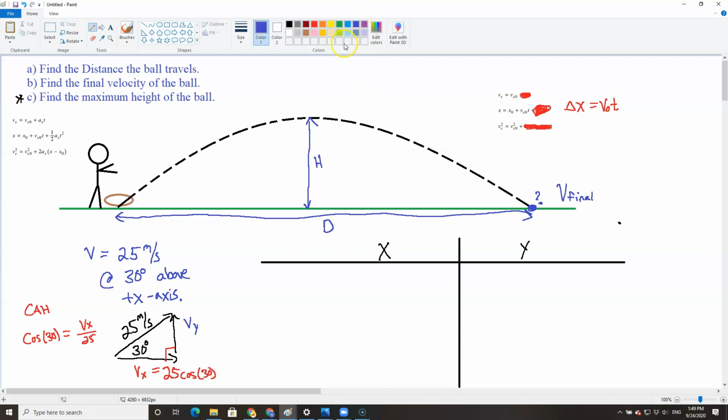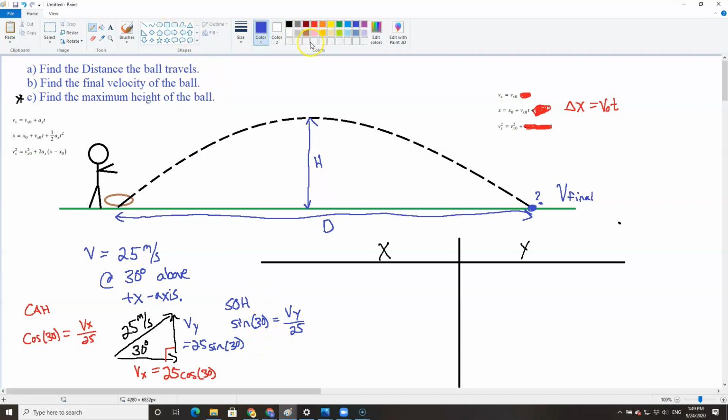For the y direction, 25 is the hypotenuse and Vy is the opposite of the angle. So we're using the SO in SOHCAHTOA. So the sine of 30 degrees is the opposite, which is Vy, over the hypotenuse, which is 25. So Vy is 25 sine of 30.